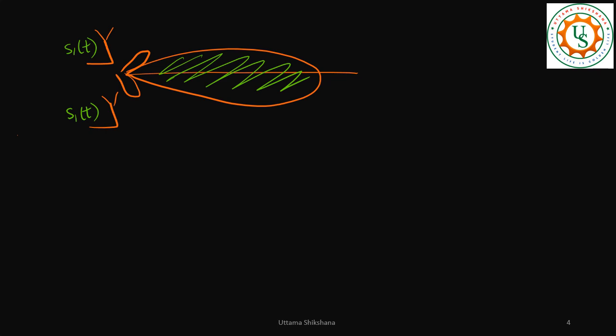Wherever there is constructive interference, good energy is seen, and the beam is formed, something like this. Outside of this beam there is also signal, but there the signals have undergone destructive interference, and the signal level is below the noise floor of the receiver. So that's what I was mentioning.